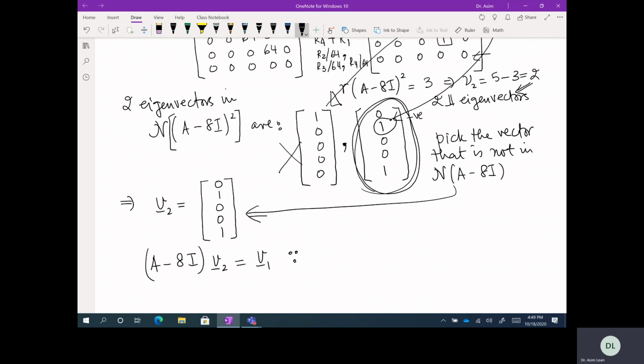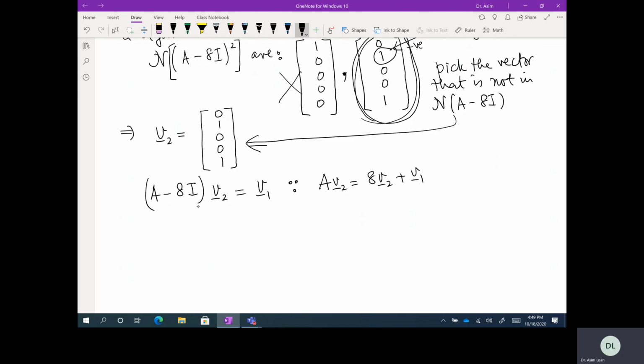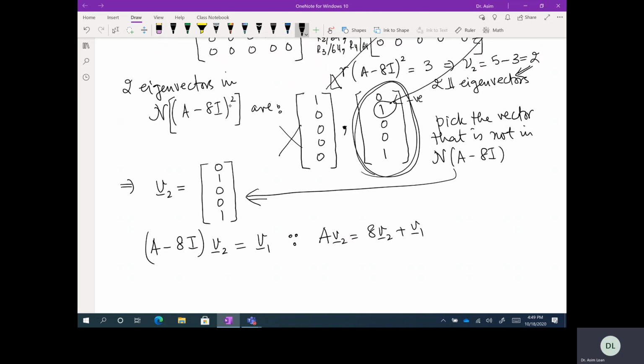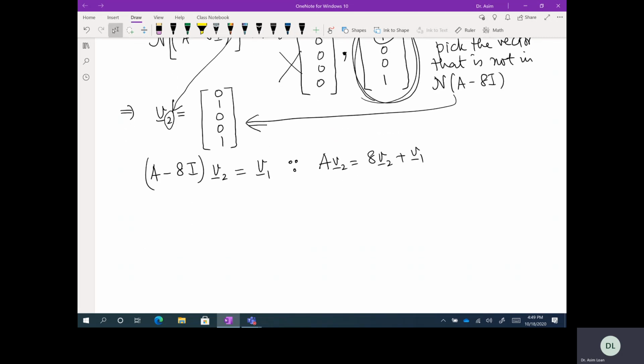Because A v2 equals 8 v2 plus v1, right? So A minus 8I, v2 is the eigenvector corresponding to the null space of (A minus 8I) squared. That's why, because of this 2, we call this v2. And then we say v1 is this one.